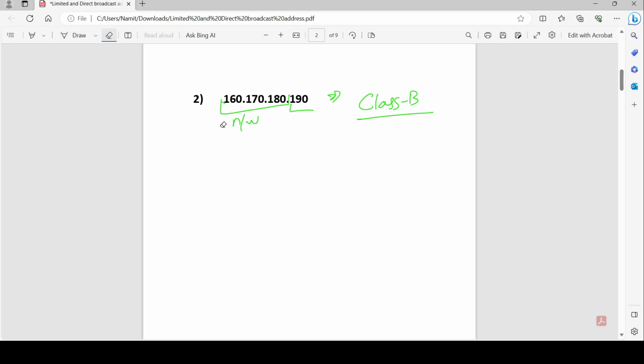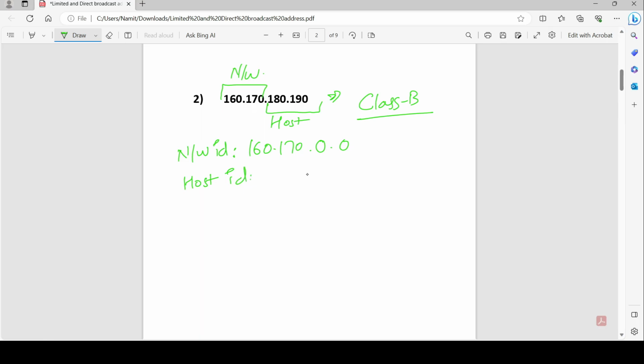The first two are part of the network and the last two are part of the host. So my network identifier is 160.170, and the network address is 160.170.0.0. The host identifier, the last two, is 180.190.